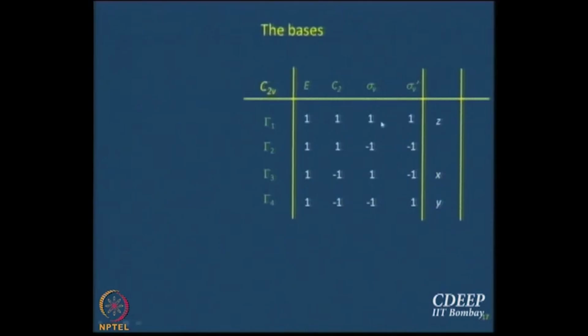So, x is in the zx plane, so it has to be symmetric with respect to sigma v, whereas y is perpendicular to it, so it has to be antisymmetric with respect to sigma v. And the same logic holds for sigma v dash. The behavior of x and y are just the opposite because the plane is now yz instead of zx.